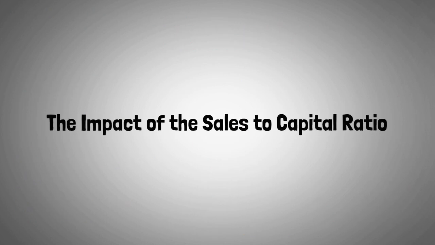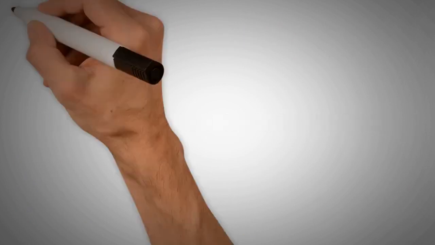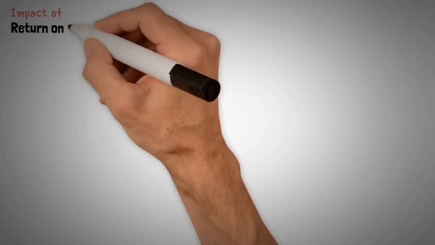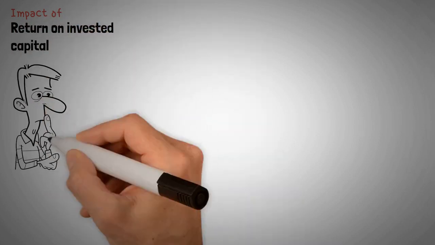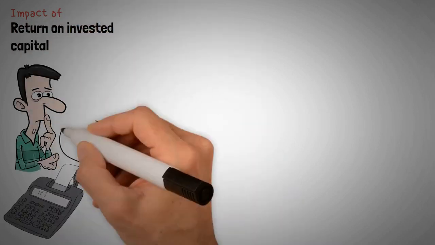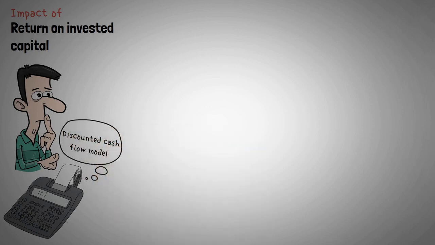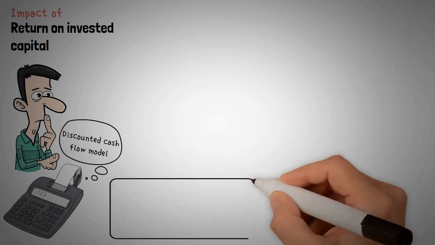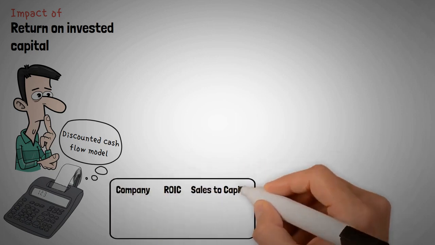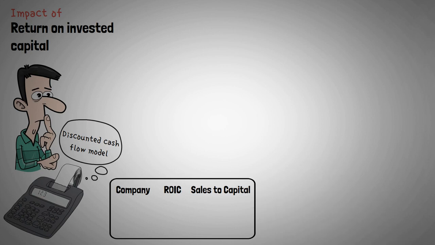The impact of sales to capital ratio. To assess the impact of return on invested capital, we need to look at how it affects the fair value calculations via a discounted cash flow model. If we look at the sales to capital ratio and compare them to the ROIC of the above companies, I think we might find something interesting.